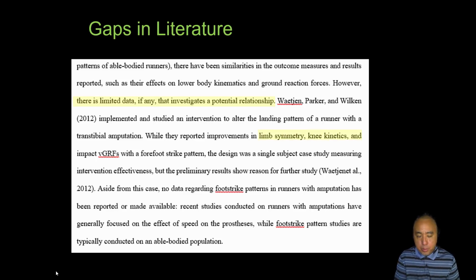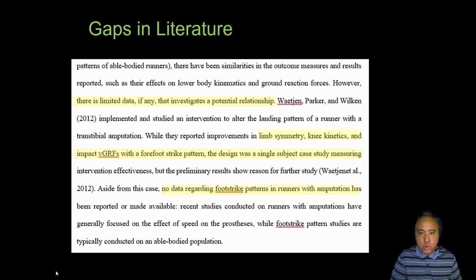While a previous study showed improvements in limb symmetry, knee kinetics, and impact ground reaction force with a foot strike pattern, the design was a single subject case study measuring effectiveness. Here she's saying that yes, someone looked at it, but it was only a single case study.